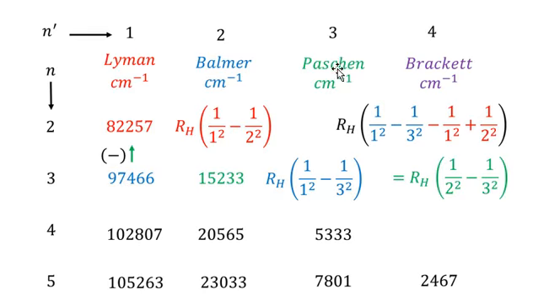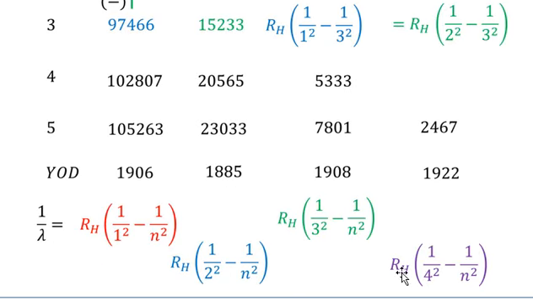And similarly for the Paschen series, the ground level for the Paschen series will correspond to the value of 3 over here. You can see that for the Paschen series we have the first index equal to 3.